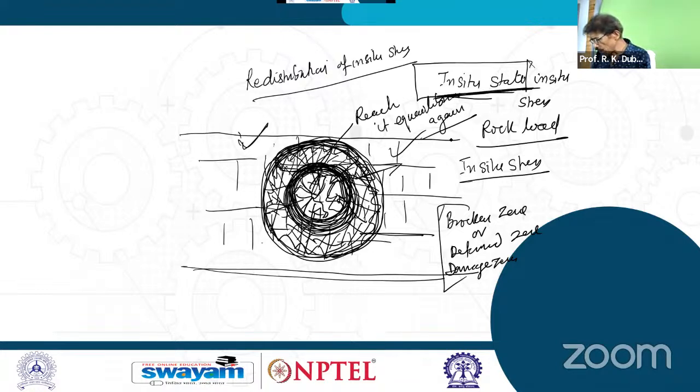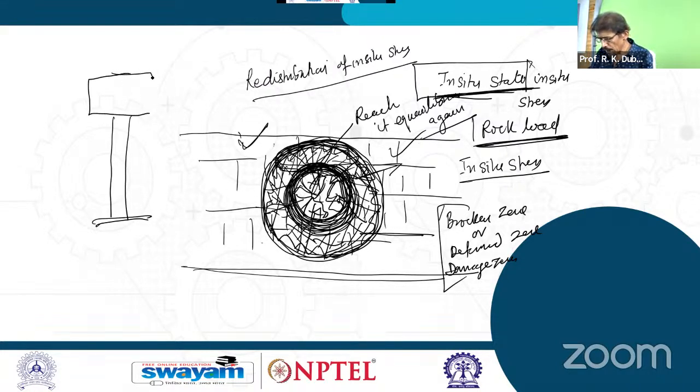So therefore it is important to know the rock load. If, for example, there is some support system in the form of steel, and we put a load of hypothetically 10 kg, then this load is going to make some impact on this support system.